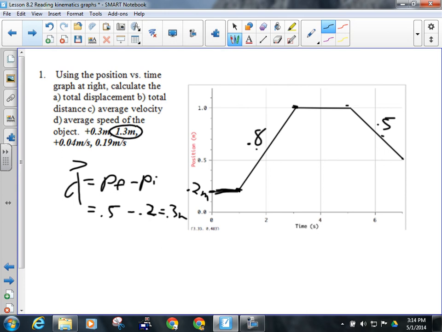All right, average velocity. Well, I just figured out part of average velocity. Average velocity is displacement over time, and I figured out the total distance, and we figured out the total displacement a second ago. So the total displacement is 0.3 meters. How long does this whole trip take?